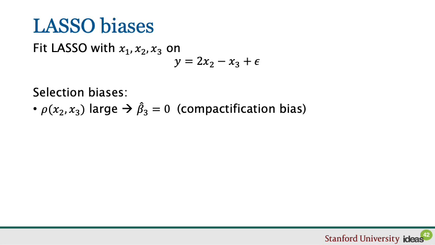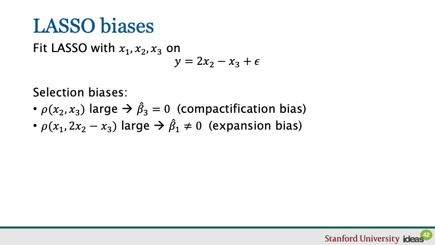If x2 and x3 are very highly correlated, then it may be easy to express most of the effect of x3 by simply using x2, and that would reduce the cost of complexity while not making prediction much worse. So I would call this compactification bias, meaning the set of variables that are actually included are less than the variables in the true model, and they are, in this case, a subset. So I'm only including x2, despite x3 also mattering in the true model.